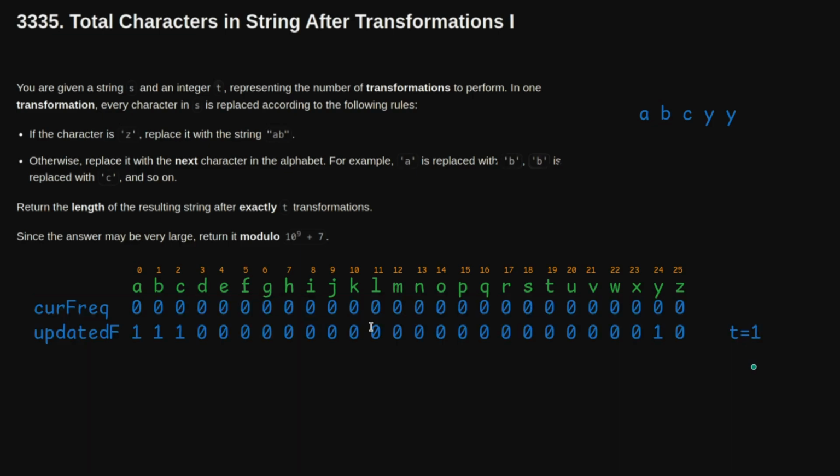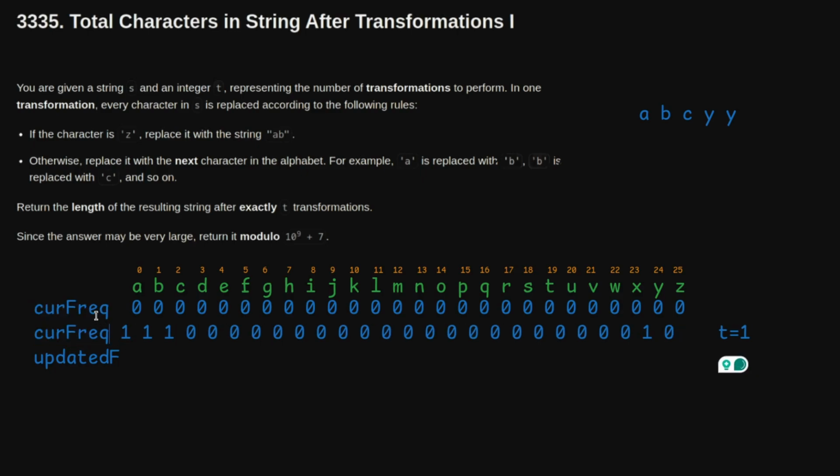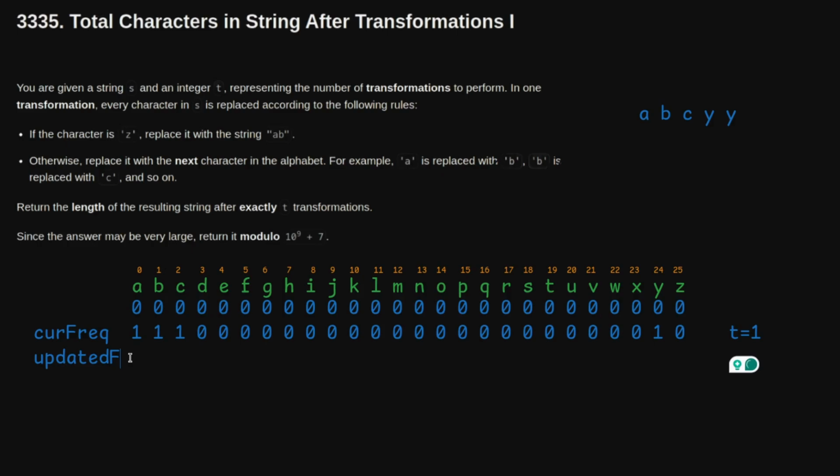The current frequency has become this, and now we are doing the iteration for t equal to 2. For the second iteration, I am saying that everything is initialized to 0 first.